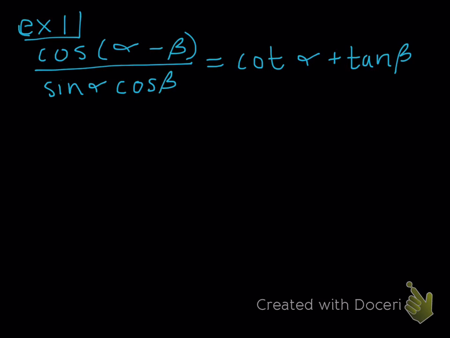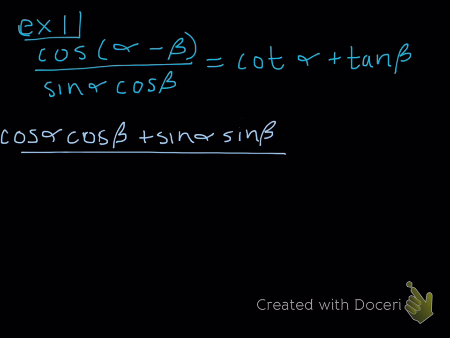So it is equal to cosine alpha cosine beta plus sine of alpha sine of beta. And this is all over sine of alpha cosine beta.